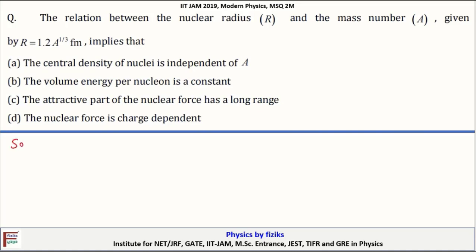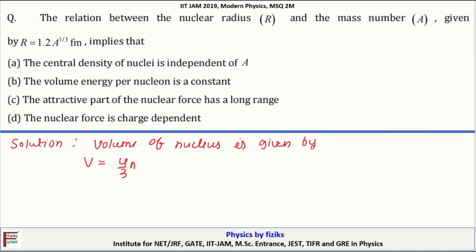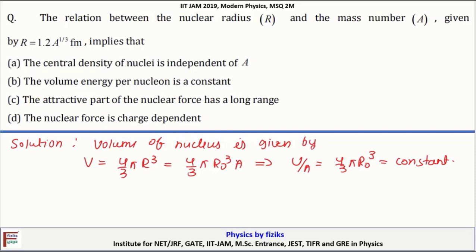So solution: the volume of the nucleus is given by V equals 4 by 3 pi R cube, which can be written as 4 by 3 pi r naught cube A, implying volume per nucleon is equal to 4 by 3 pi r naught cube, which is constant. So option B is correct.